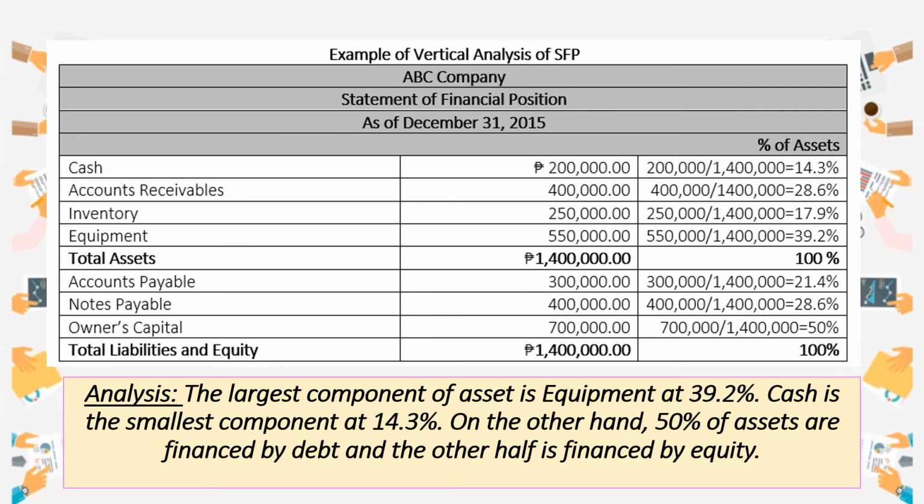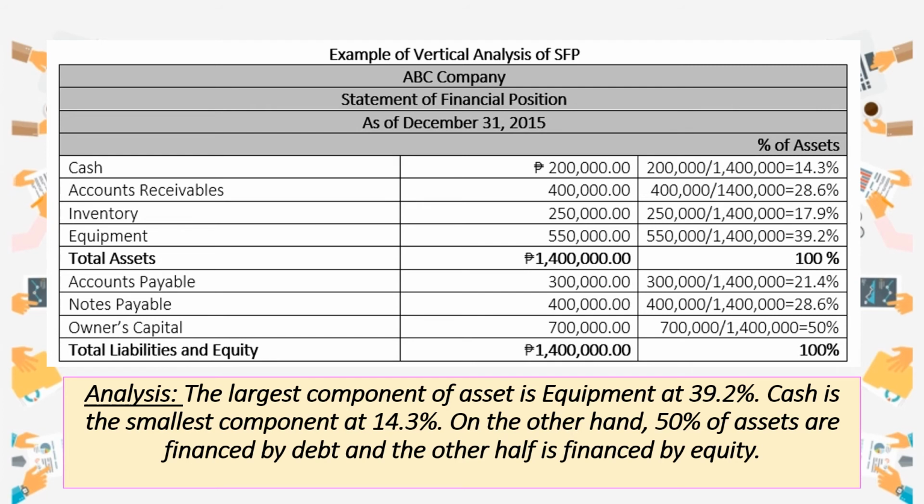For the analysis, we will use this statement. Which is the largest component? The largest component of assets is equipment at 39.2%, while the smallest component is the cash at 14.3%.